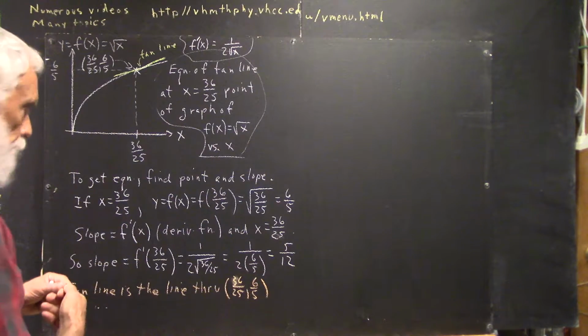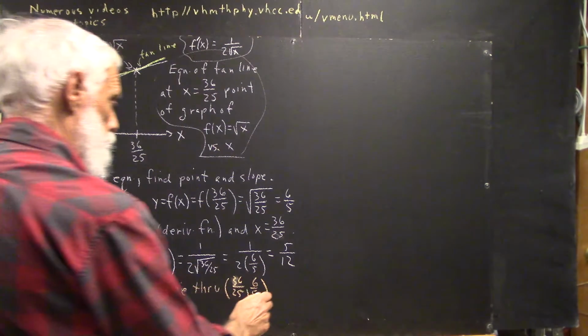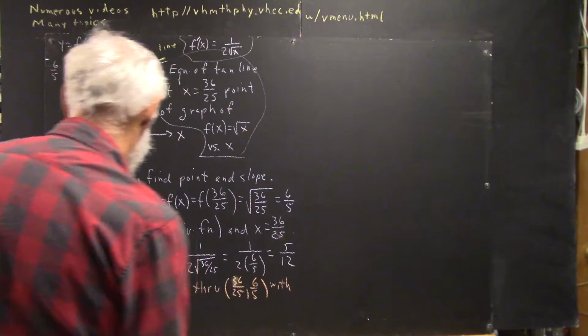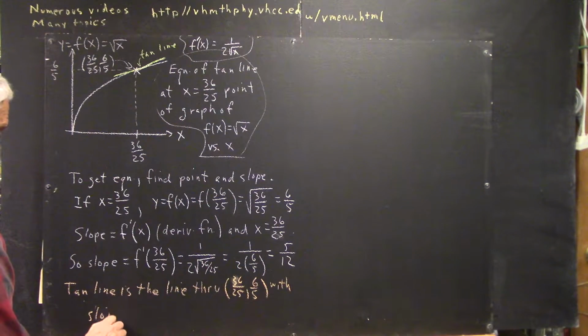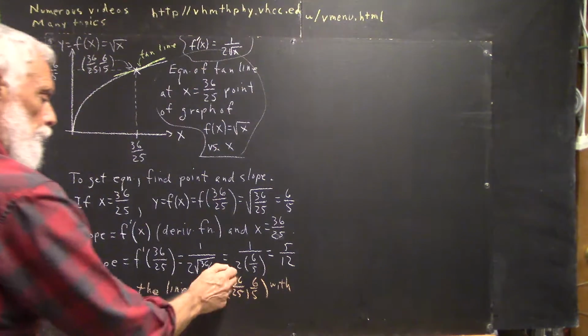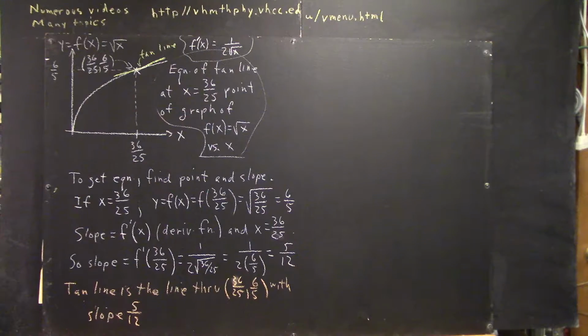I started to write the 6/5 before 36/25. So it's a line through the point 36/25, 6/5 with a slope of 5/12. Okay.